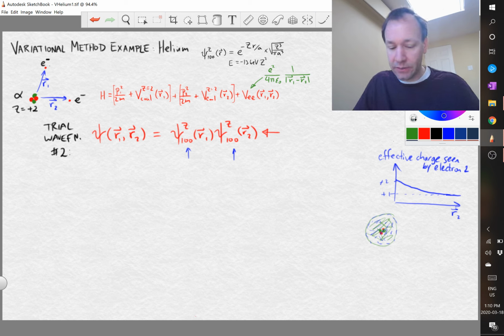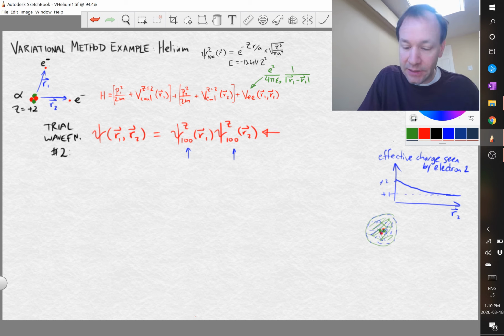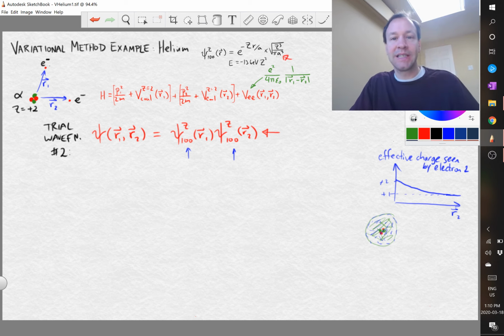We want to first normalize, and that's guaranteed as long as we keep this normalization factor up here. Now we go to the next step, which is to calculate the expectation value of the Hamiltonian for our new state.